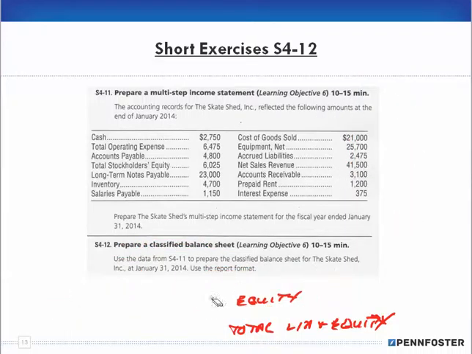Now realize that if you are asked to produce a report format and you show up in the other format, then you will get things wrong because it's not in the correct format. On the test you'll lose points because you're not creating the financial statements the way it's required.